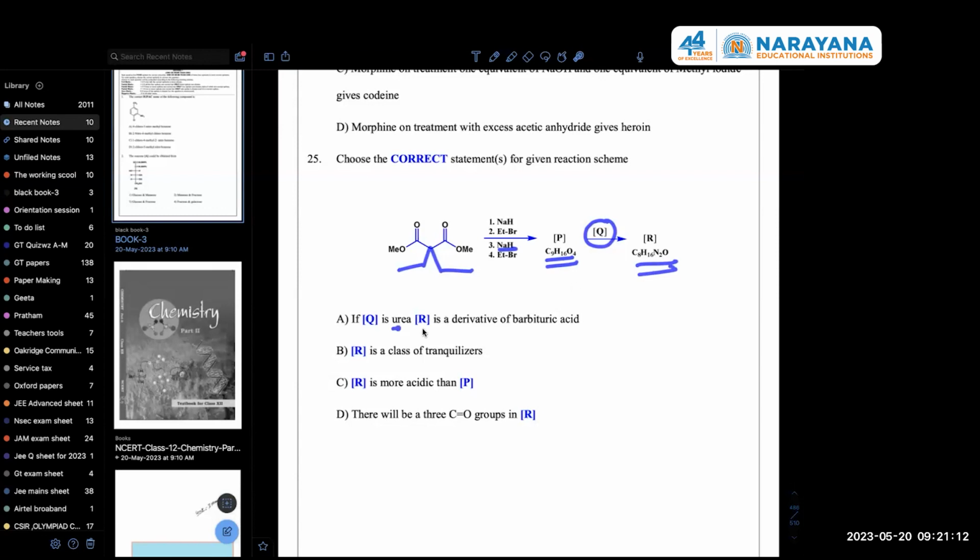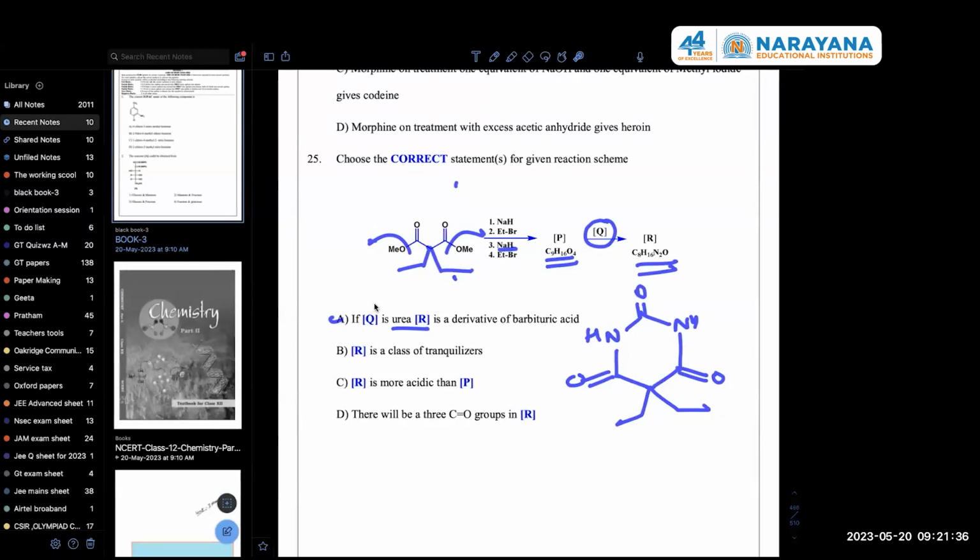This should be urea. And if you use urea, then urea will attack here and remove this OMe. So that will become a double bond O, ethyl, and as urea attacks, that will become like this. This is veronal. You got it?